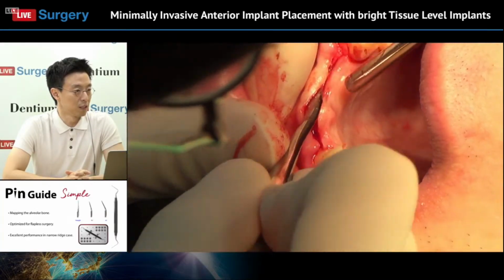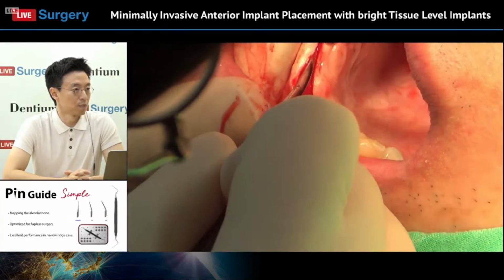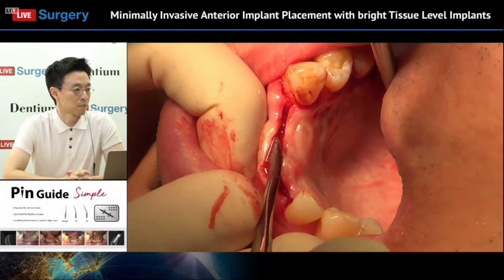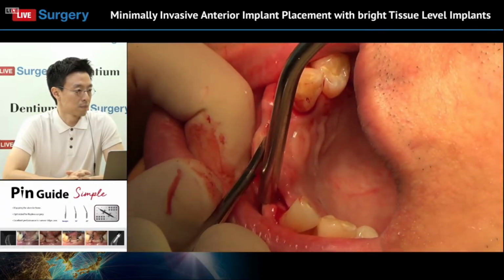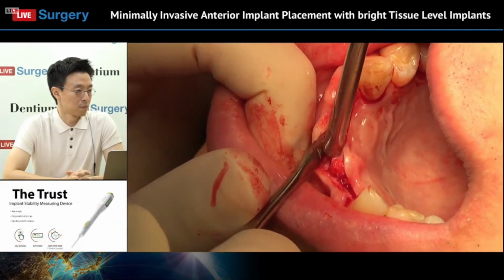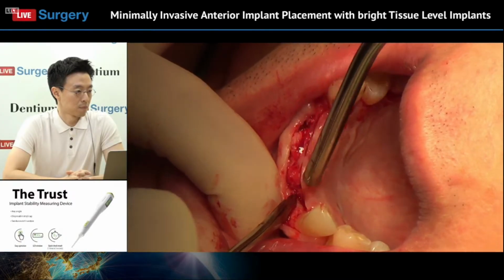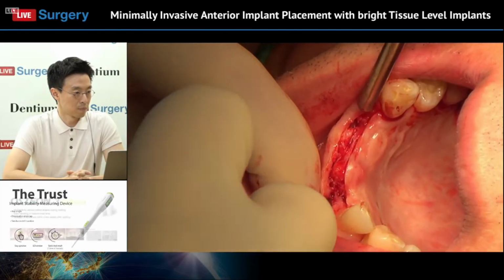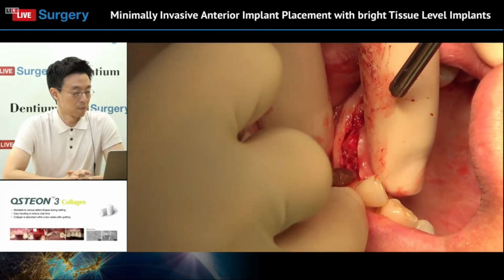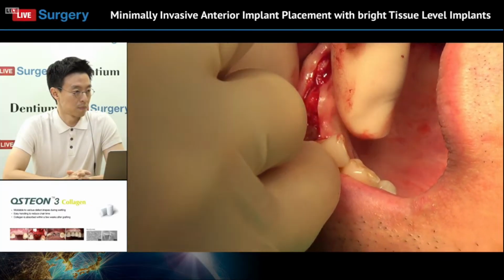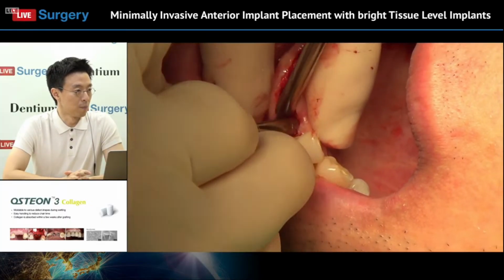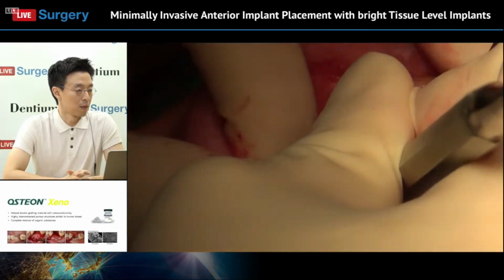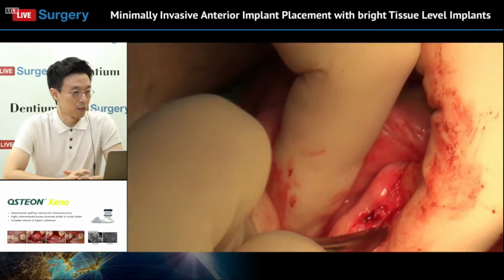I did the additional incision on the periosteum. I prefer to use the number 9 periosteal elevator for periosteal elevation.